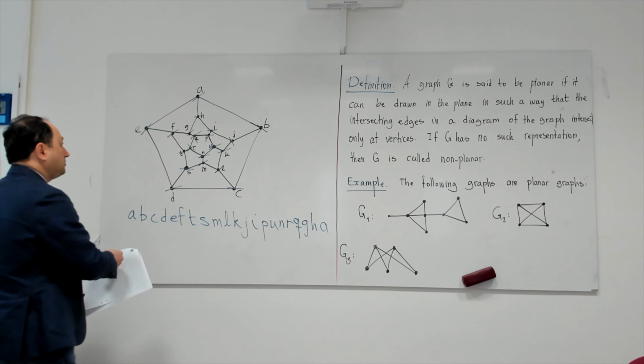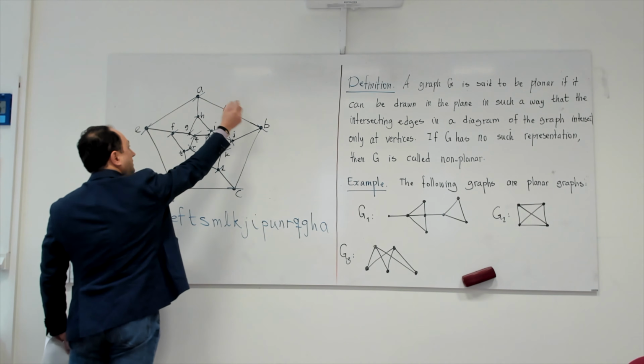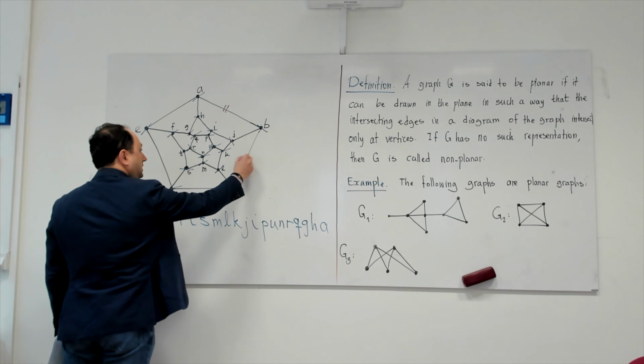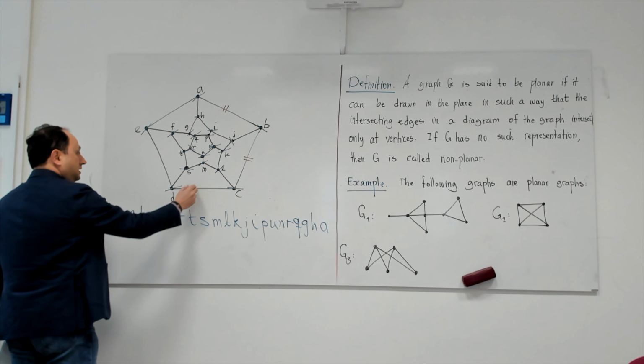So from A to B, we have used this. Many of them are not being used. For example, B to C has been used. C to D has been used.